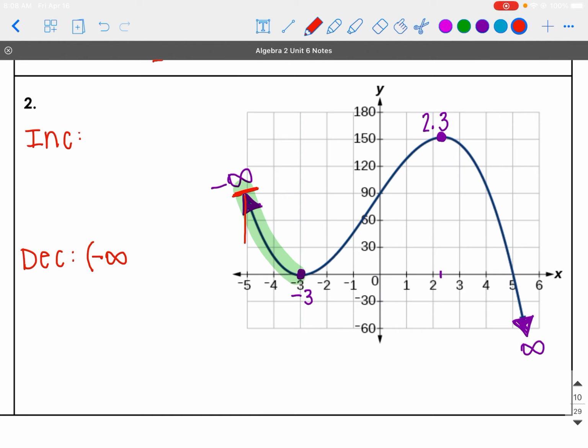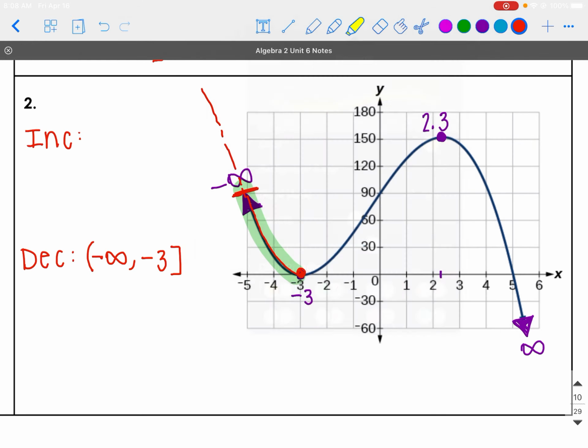Now, even though it looks like, oh, that's -5, that's because that's as far as it was drawn on the graph. That arrow means it goes on forever. You'll never find that start. And then I decreased until I went down, down, down, until I got here at -3. And then we stopped.